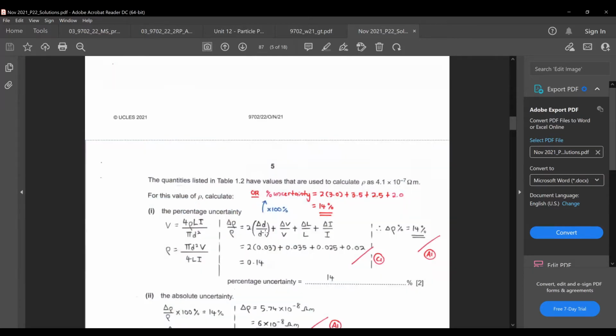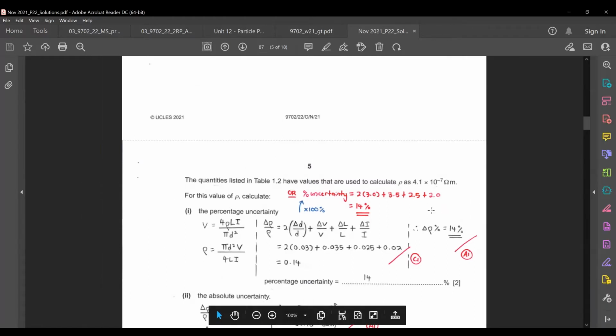Okay, so we want to find out the percentage uncertainty of rho, which is the resistivity. They want percentage uncertainty.